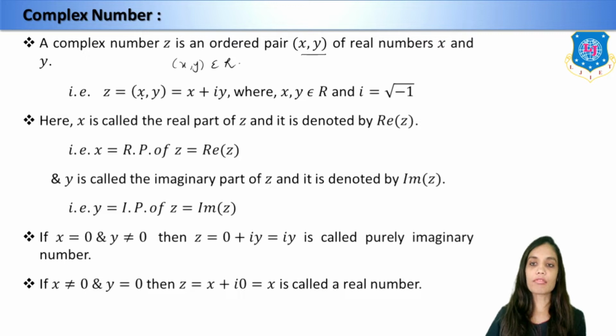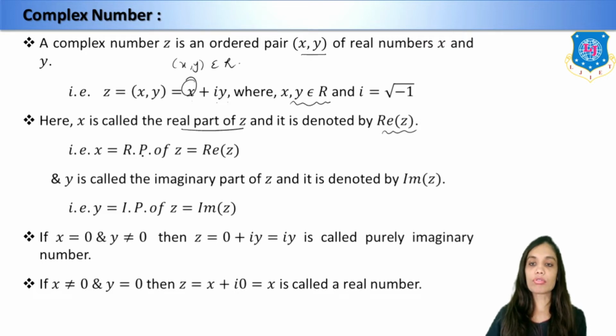That is, Z equals x comma y can be written as x plus iy, where x and y belong to R, and we know that i is equal to what? Square root of minus 1. Okay, so here this x is called the real part of z and it is denoted by Re of z.